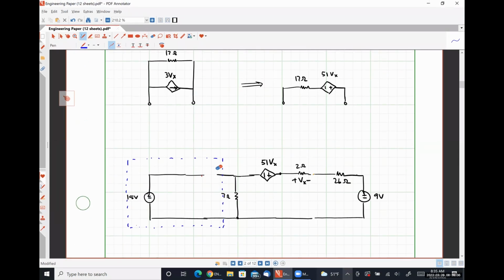So I'm going to delete this guy and replace it with a 7 ohm resistor in parallel with a 15/7 amp source, like so.